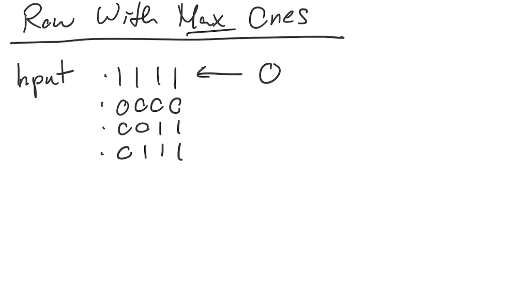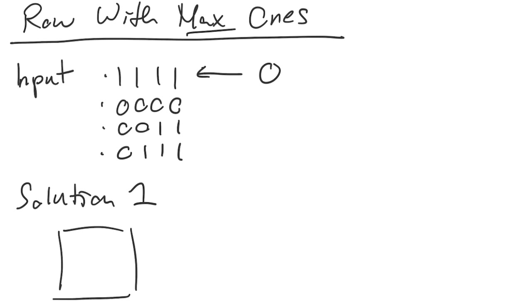So just to review what they were, solution number 1 was to just loop through. So you're given some matrix, and you just loop through each element one at a time. For each row, you count the number of ones by looping through the whole row.